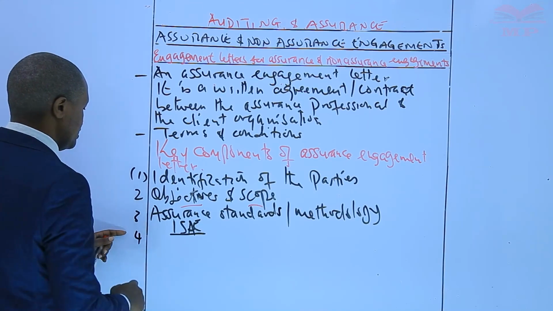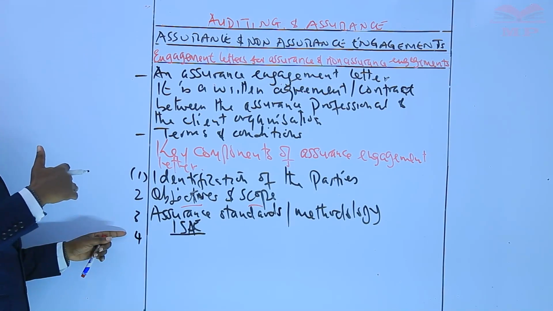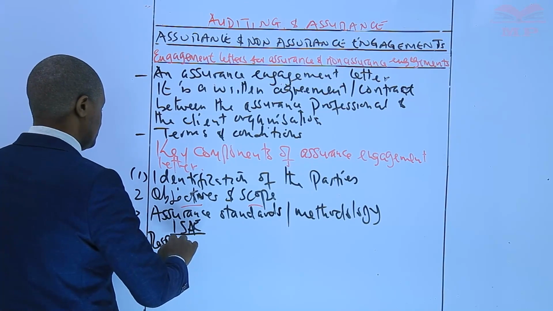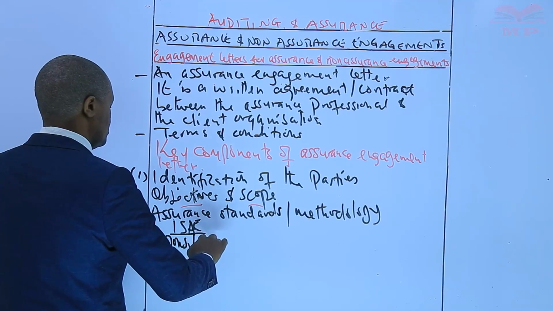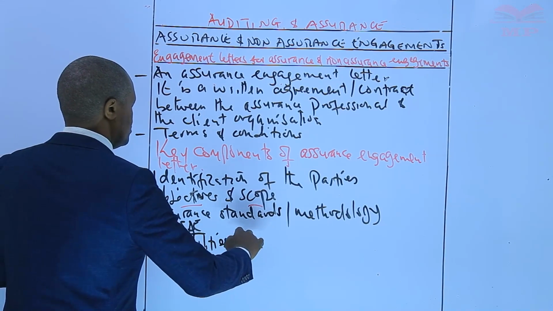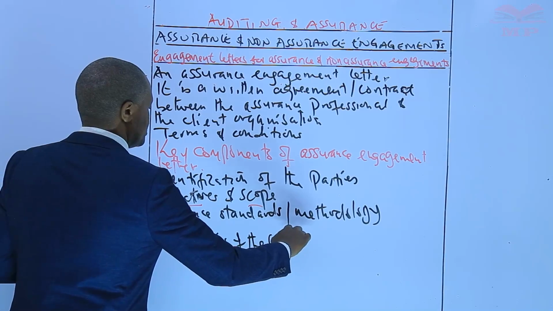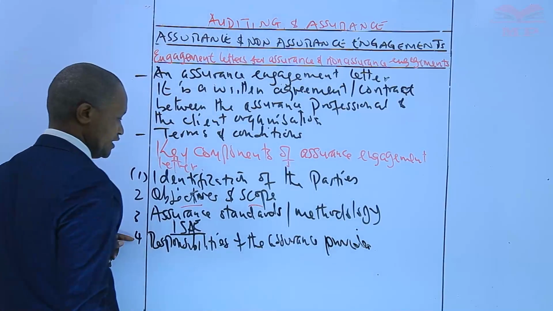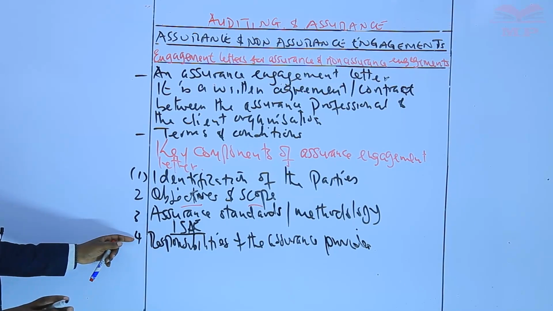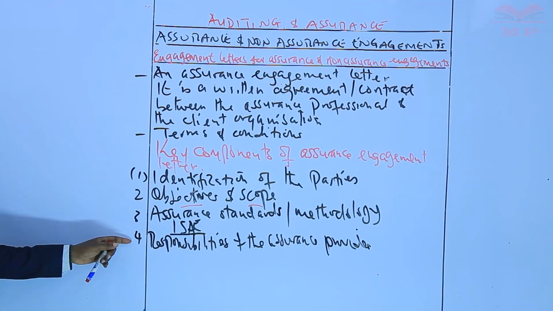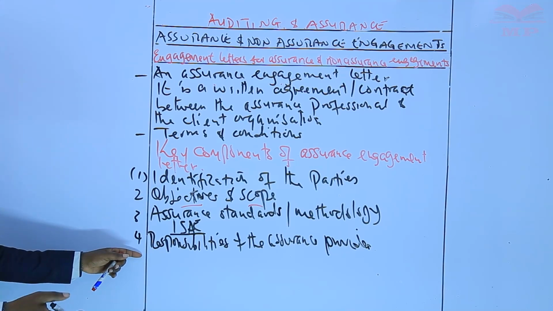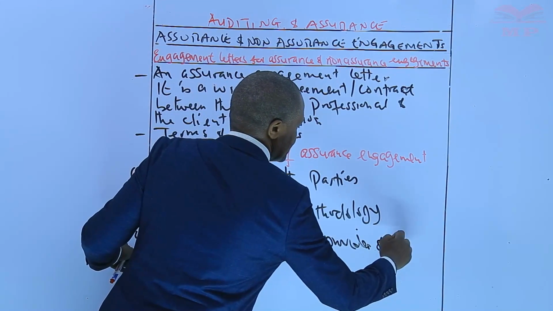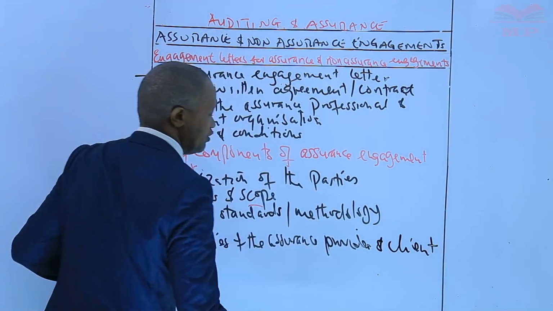Number 4 is the responsibilities of the assurance provider. The responsibilities of the parties. Let me just say the parties, because it has to be the responsibility of the assurance provider and the client, and the responsibilities of the client.